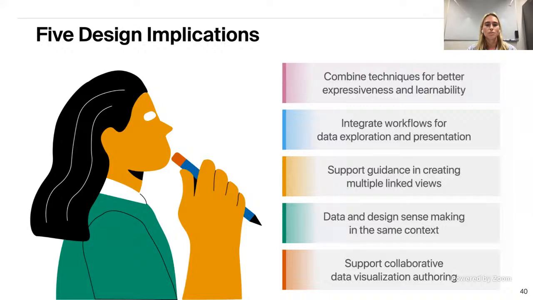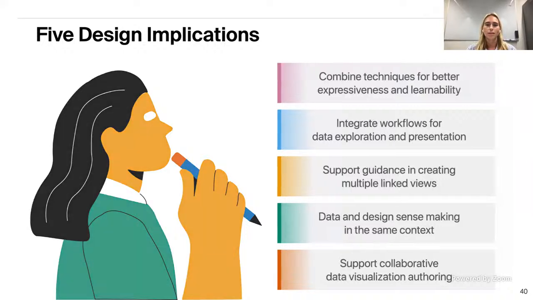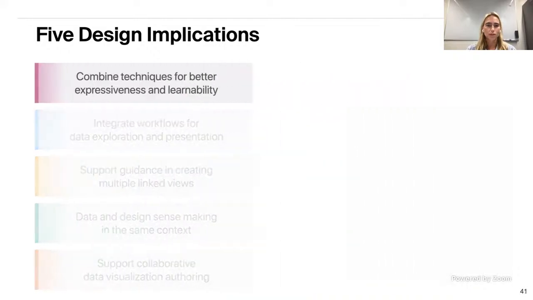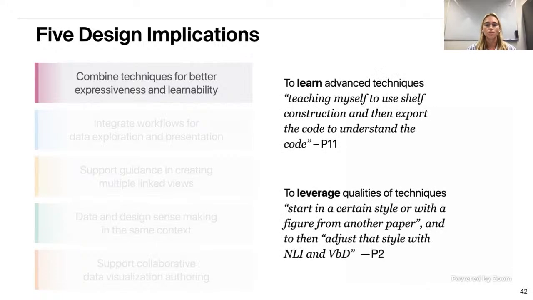And last but not least, we developed 5 design implications, and I'll highlight a few here. So the first is to combine techniques for better expressiveness and learnability. Because in our work, we find that people don't really stick to one single technique, and they have various reasons to do so.